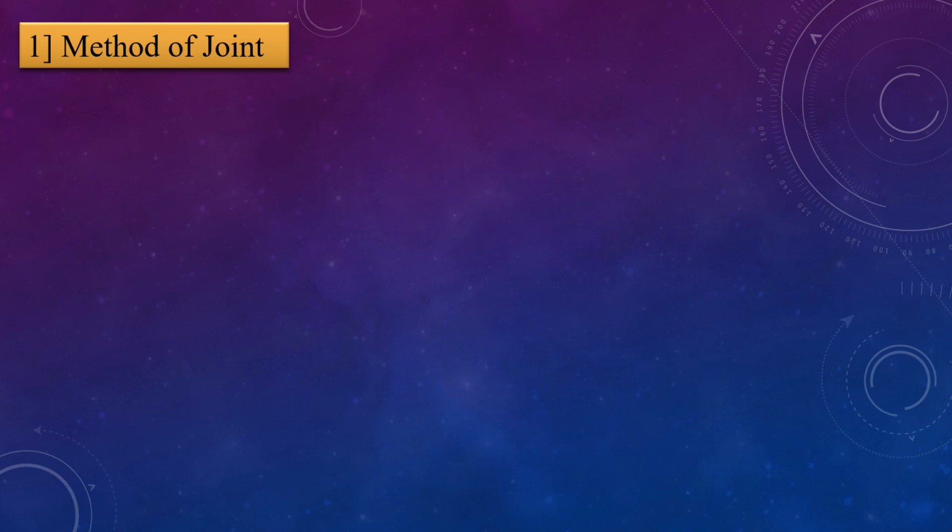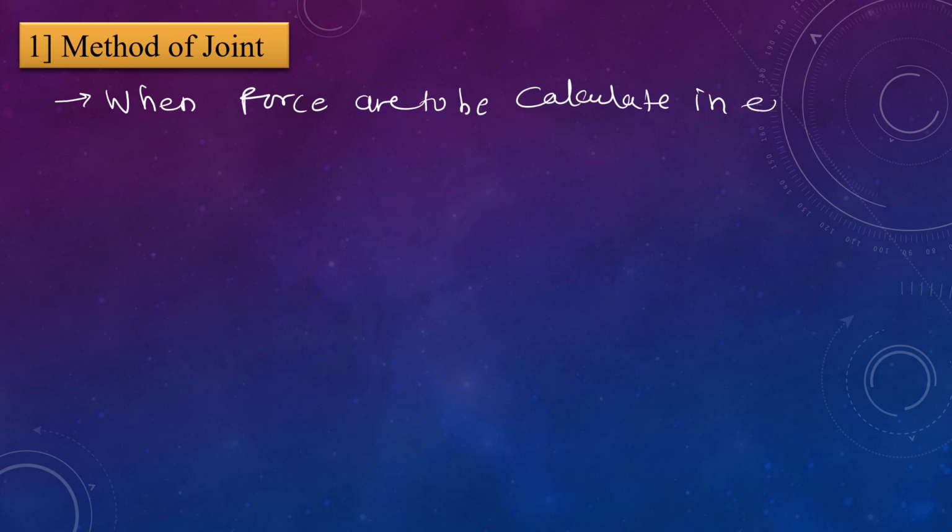The first method is method of joint. This method of joint is used when forces are to be calculated in each and every member. If forces are to be calculated in each and every member, then we use the method of joint.